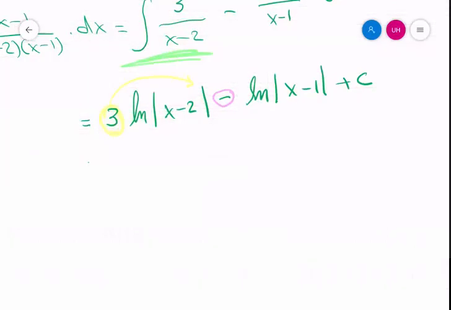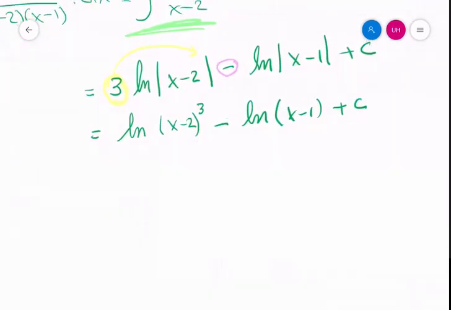So this equals, no, not 3. It's ln (x minus 2) cubed minus ln (x minus 1). Well, we can put the modulus, plus c.